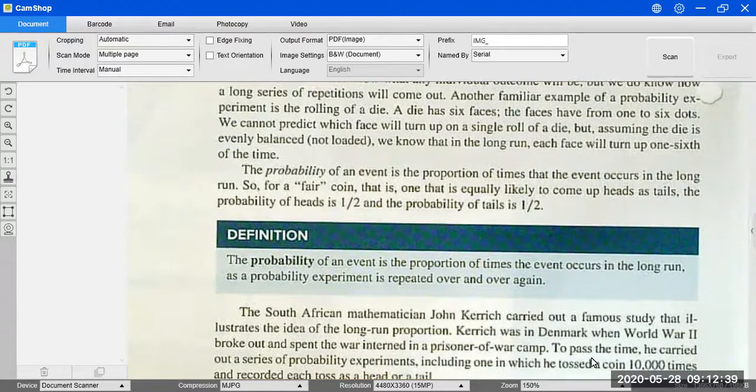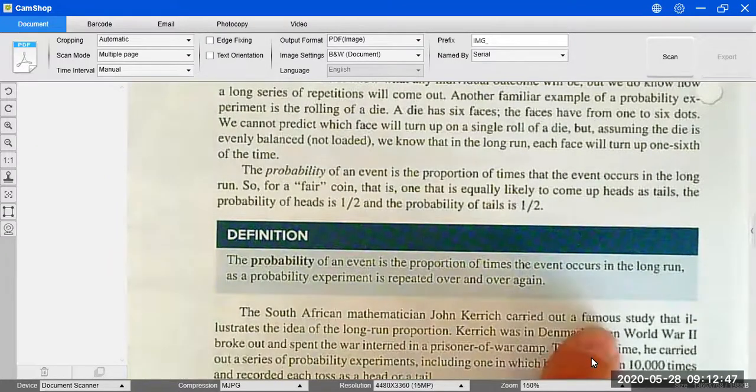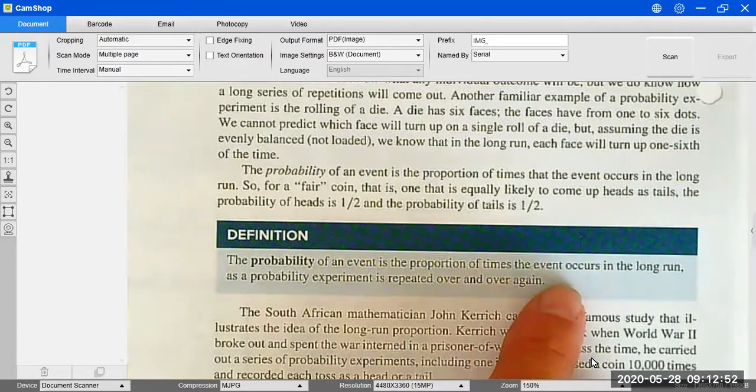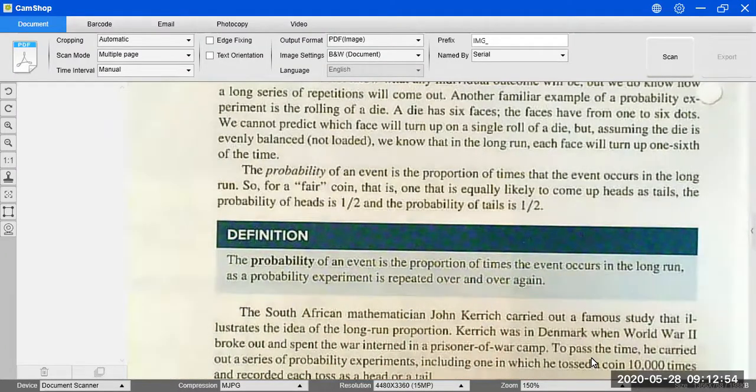This definition is the one that is going to allow us to relate the relative frequency to a probability, because they are talking about the proportion of times the event occurs. So you're going to see later how this relates to a relative frequency.